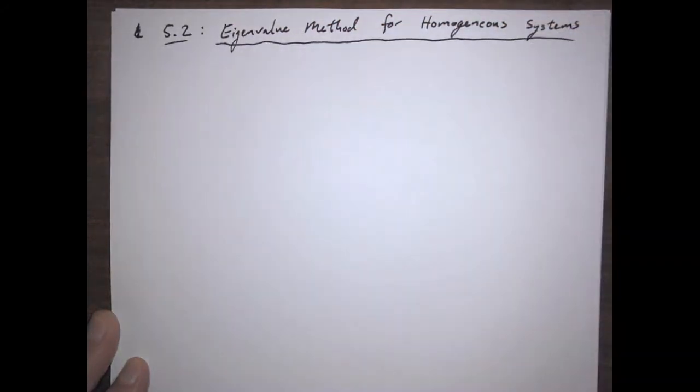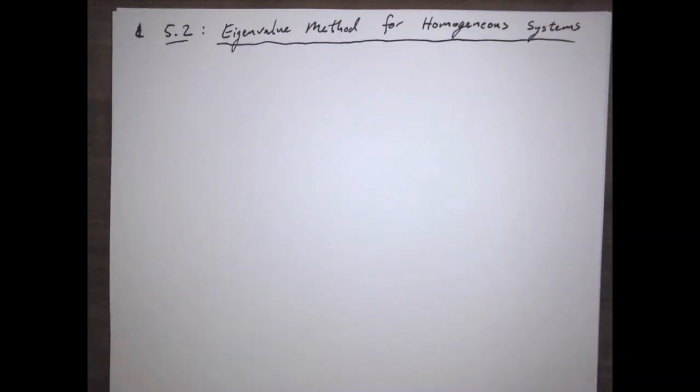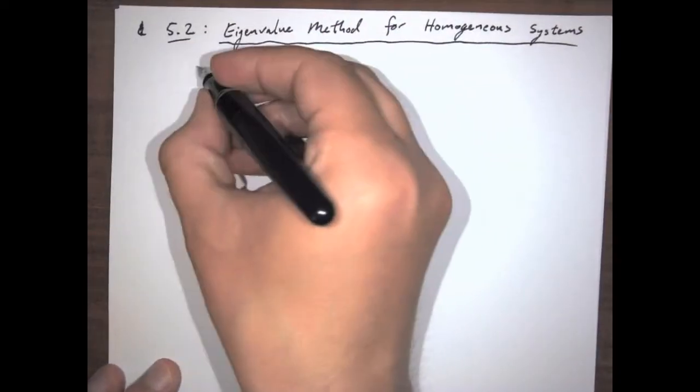Alright, so first off, homogeneous systems. What that means is we have a setup such as the following.